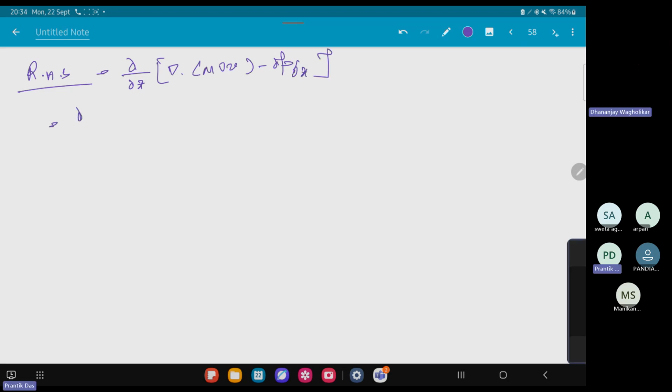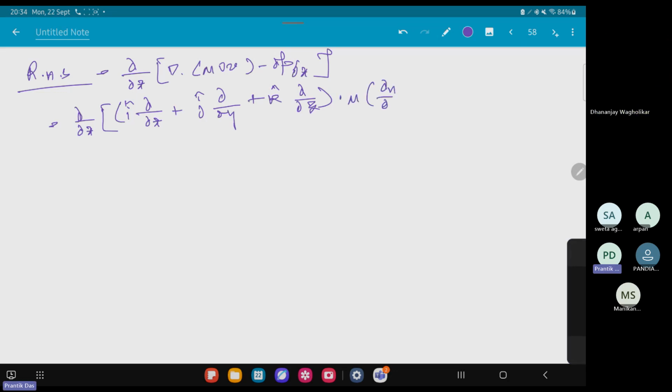So this is equal to d dx of i cap d dx plus j cap d dy plus k cap d dz dot mu of du dx i cap plus du dy j cap plus du dz k cap, minus dp dx.